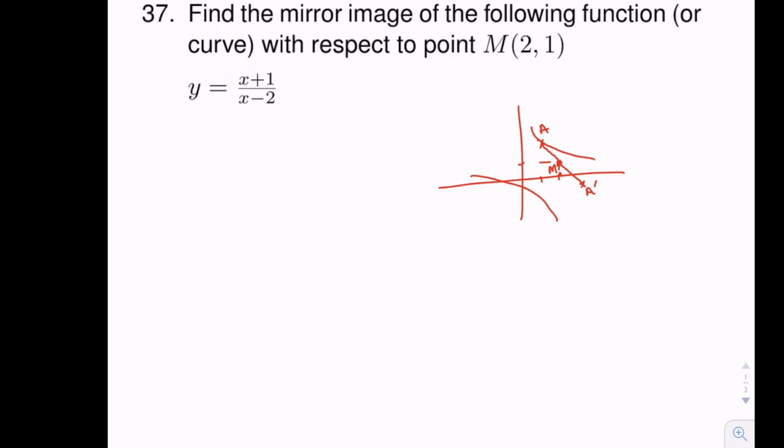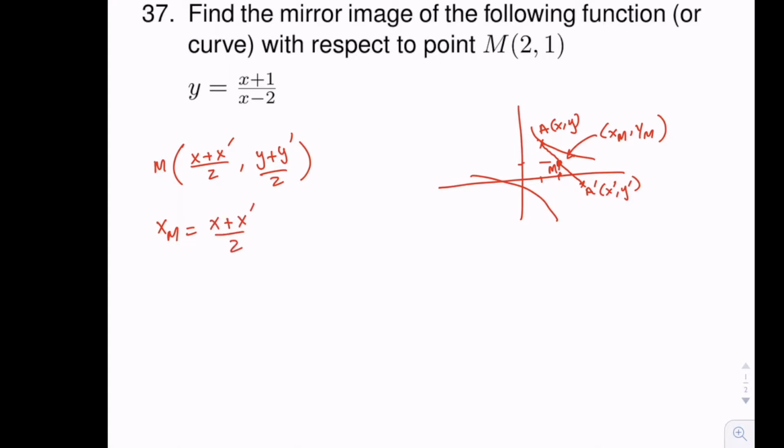Now from one of the previous problems that we solved here, and I will post the link in the comment section, we know that if we know the coordinates of A and A prime, so if A is (x, y), and A prime is (x prime, y prime), then the coordinates of M will be (x plus x prime over 2, y plus y prime over 2). So if we call the coordinates of M xm and ym, xm will be x plus x prime divided by 2.